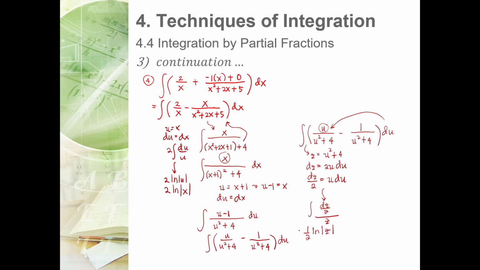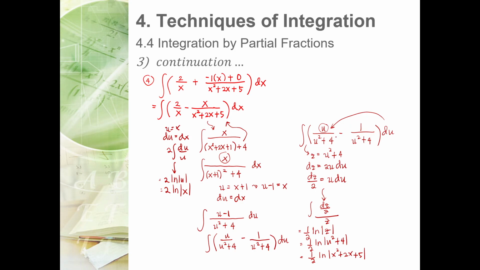Bringing back the value of your z term, you have 1/2 ln of u squared plus 4. Then upon bringing back the value of u, the exact answer for the first term is 1/2 ln of x squared plus 2x plus 5. I just expanded immediately because u squared is x plus 1 squared, and upon expanding, it leads me back to x squared plus 2x plus 5.